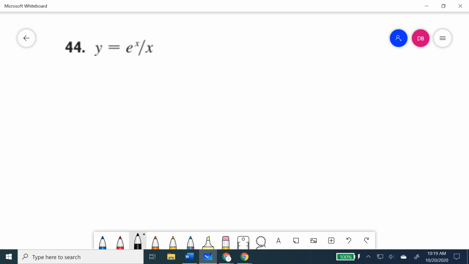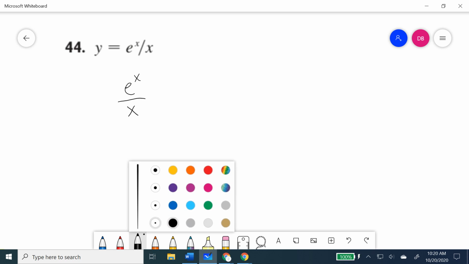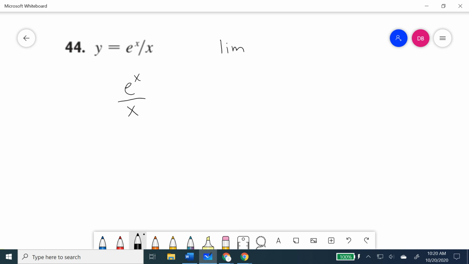So with e to the x divided by x, anytime e to the x shows up, you need to turn on your radar for horizontal asymptotes and check the limit as x approaches positive infinity, and the limit as x approaches negative infinity of that function. Also, I need to keep an eye on time. Okay, we're doing all right.